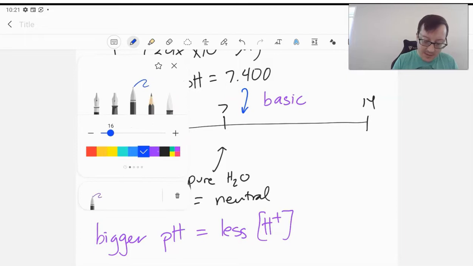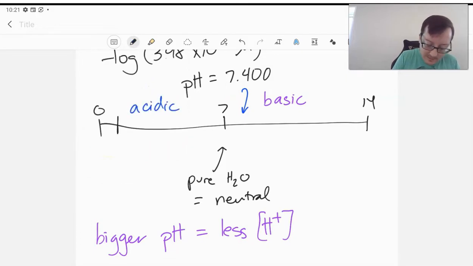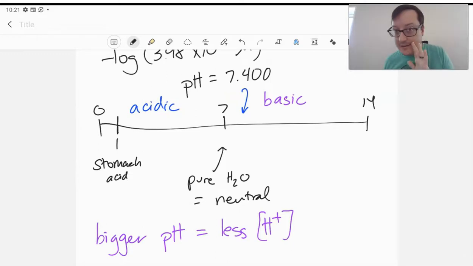Our stomach acid down here at pH 1, by the way, it's got the word acid in it. That should help. But it's strongly acidic, right? It's HCl that's in our stomachs. And so roughly around 0.1 molar. It depends on a lot of biological factors, you know, how soon it is to your next meal and all that fun stuff. So stomach acid is there.